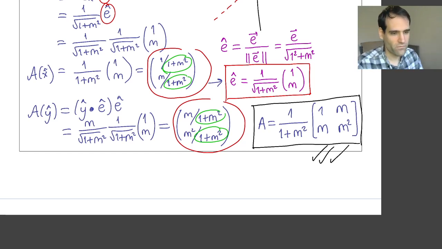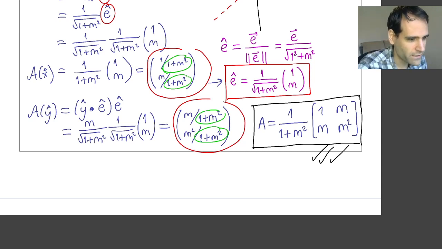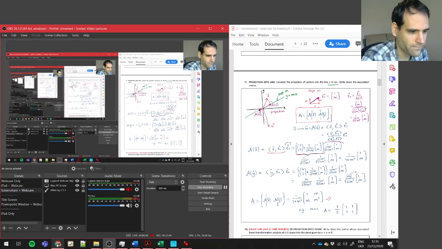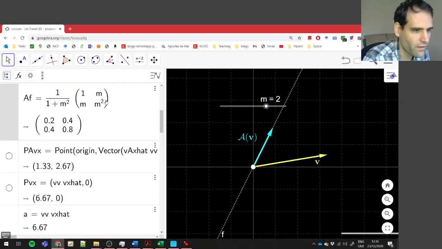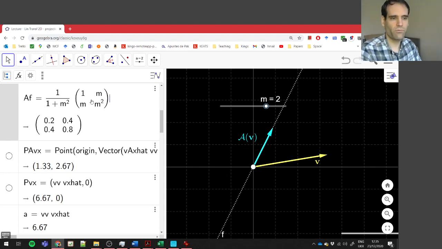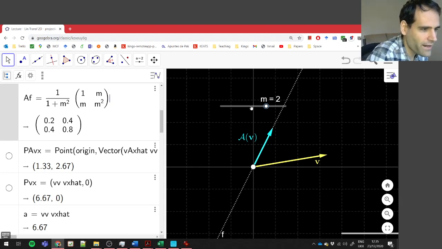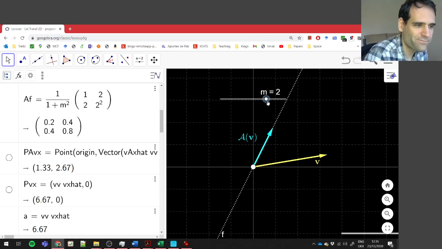Let's check it. I have prepared the applet to check this. Notice here I have this matrix, which is 1 divided by 1 plus m squared times the matrix (1, m; m, m squared). This is the matrix that we found. On the right, I have a slider for m. For example, right now m equals 2.